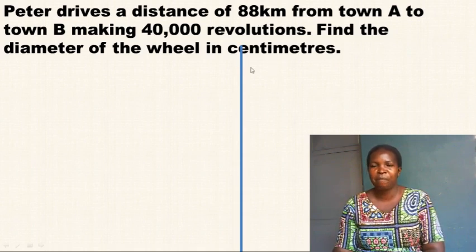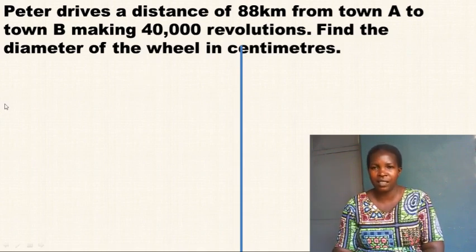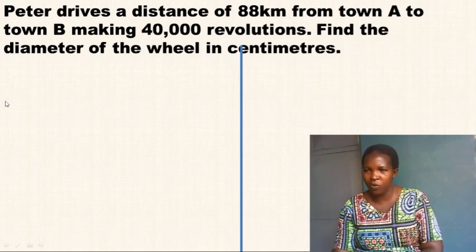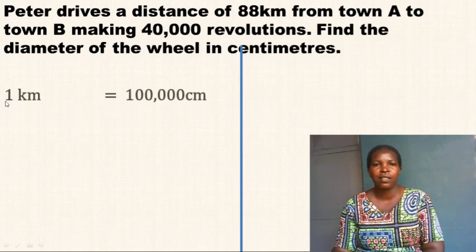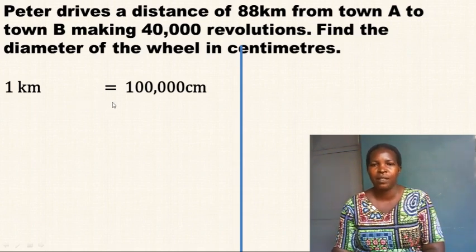How do we do it? Remember the knowledge the teachers taught you in your previous classes. Who can remind us? Somebody is reminding us that 1 kilometer is equal to 100,000 centimeters. Good.